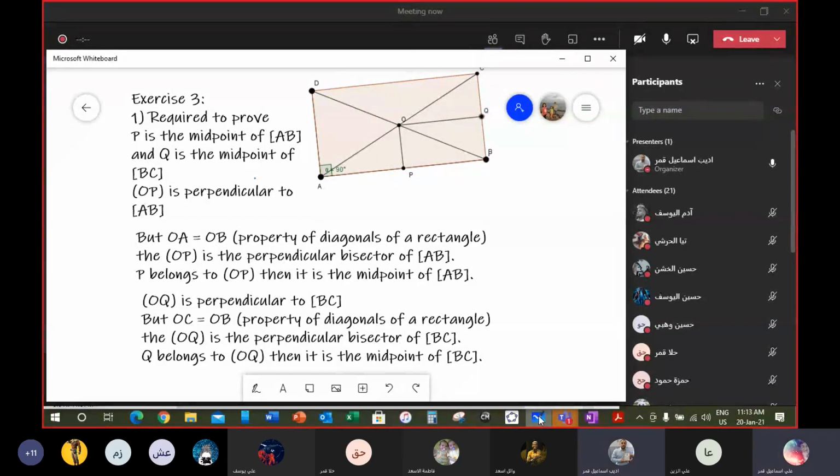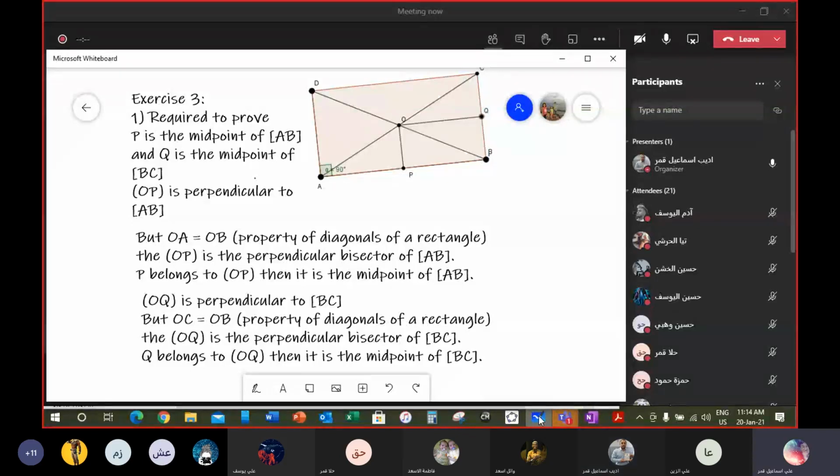Let's prove that the two triangles AOP and POB are congruent. What are these triangles? Right triangles. How to prove these two right triangles congruent?